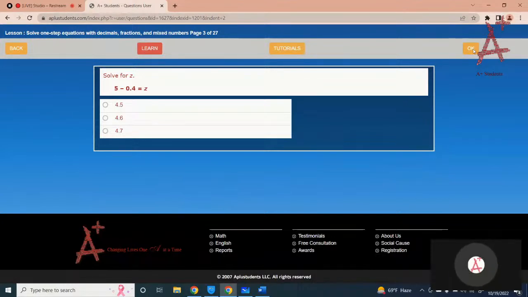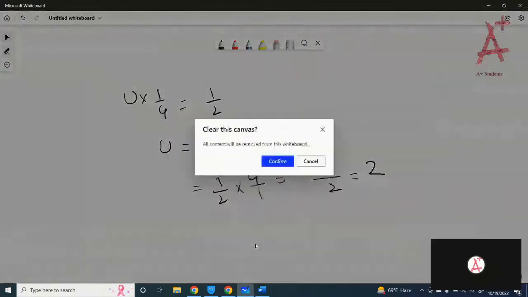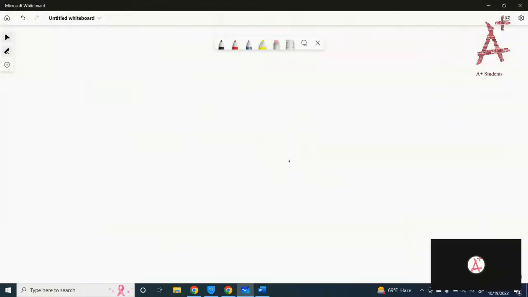Okay, the next one is 5 minus 0.4 equals z. So just subtract them. 5 minus 0.4 equals b. So just subtract 0.4 out of 5. It would be 4.6.